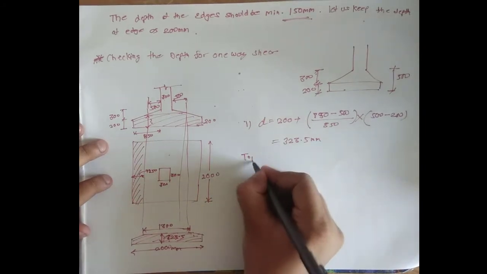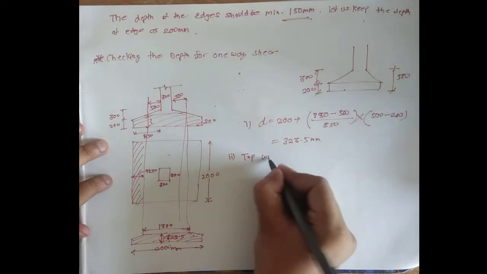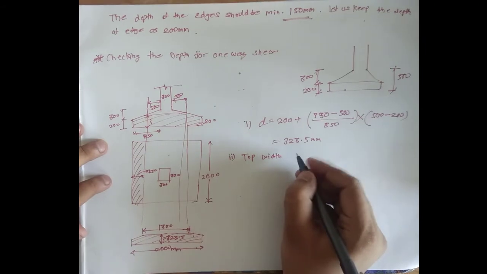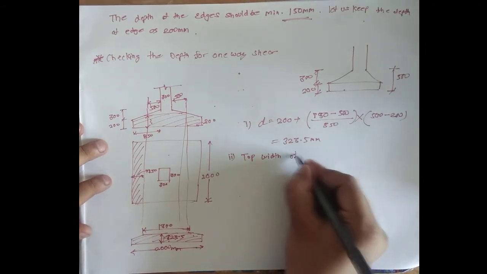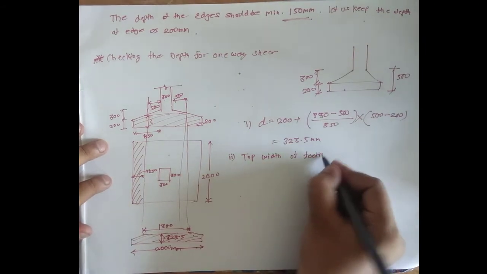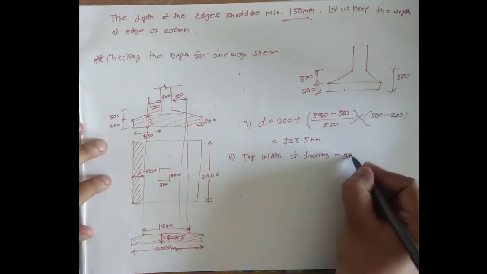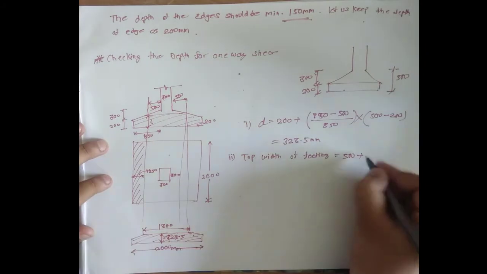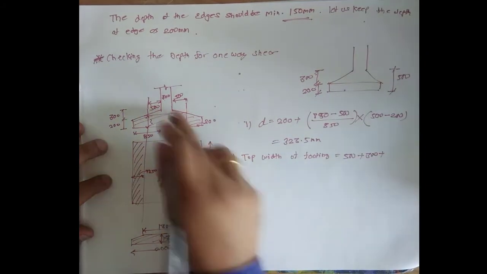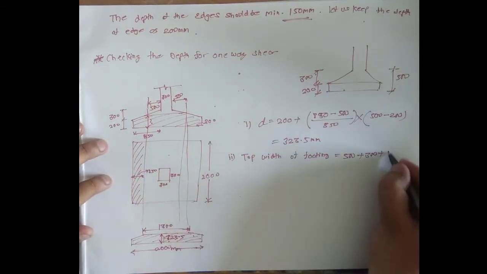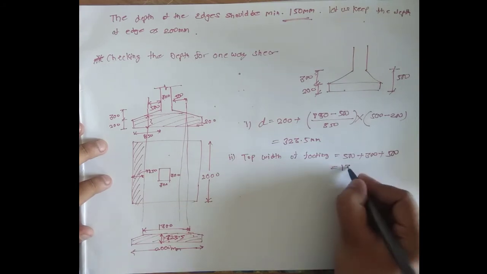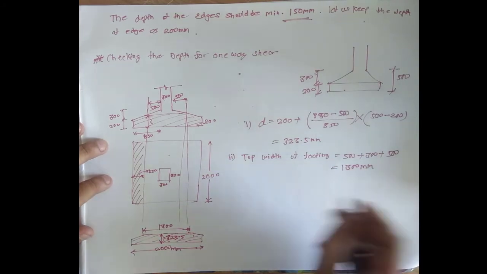Then second, top width of the footing. Top width means this one of the footing will be 500 plus 300 plus 500, it's coming out to be 1300 mm.